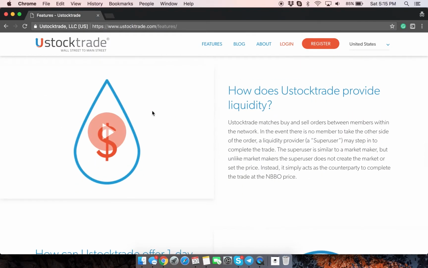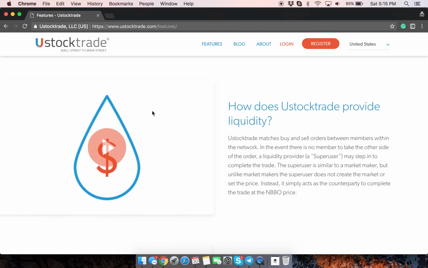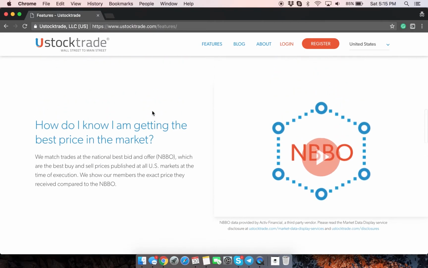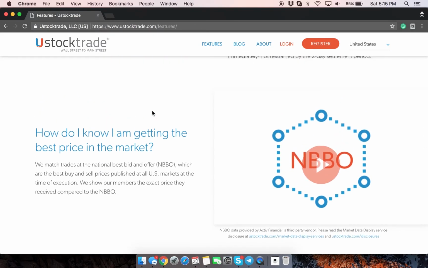Now, there is a downside to UStockTrade. I've heard stories where people tell me that the orders aren't getting filled, but that's because they're based on more of a P2P system, and this allows them to do these type of same-day settlements and same-day fund transfers, mainly due to the relationship with the banking partners, as well as because they're more peer-to-peer.